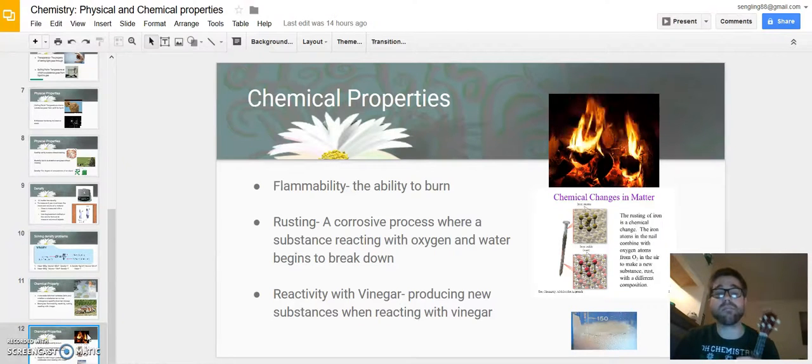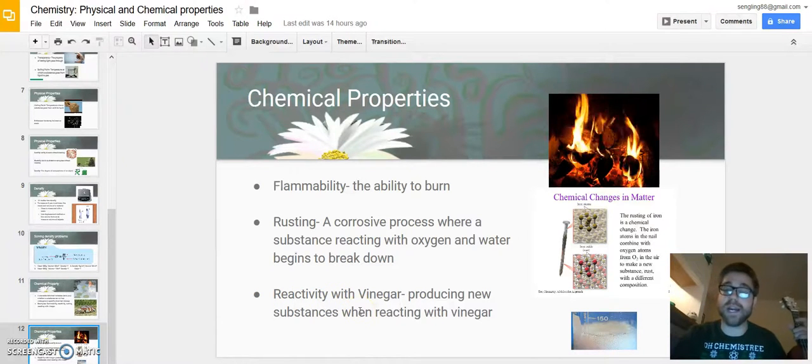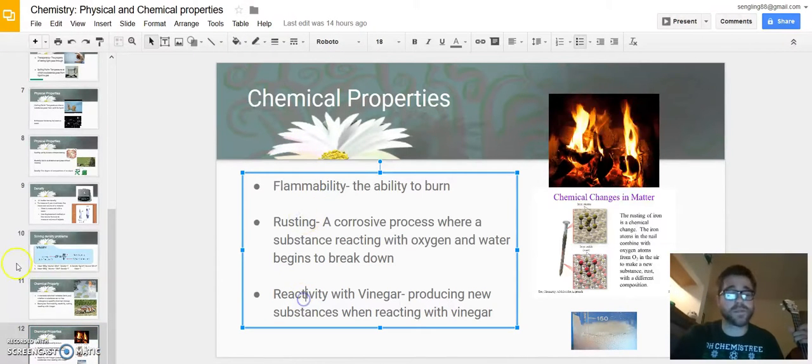So that's when metal is broken down when it reacts with oxygen. Rusting is just one way of breaking metal down. Reactivity with vinegar is another way that things react. They can react with vinegar, and when they do, they normally produce a gas. So you see bubbles. So these are 3 chemical properties that you need to know.